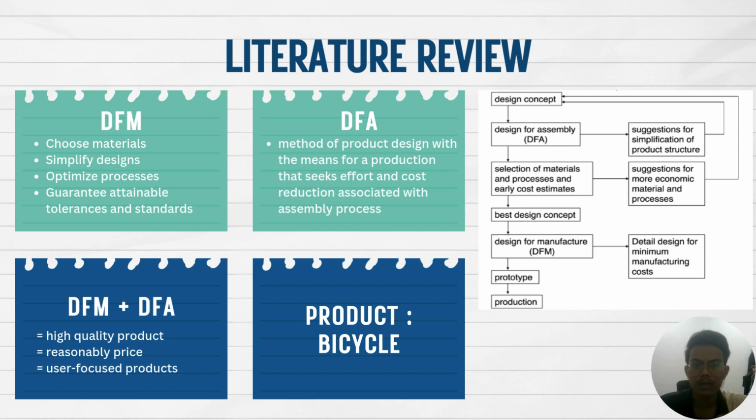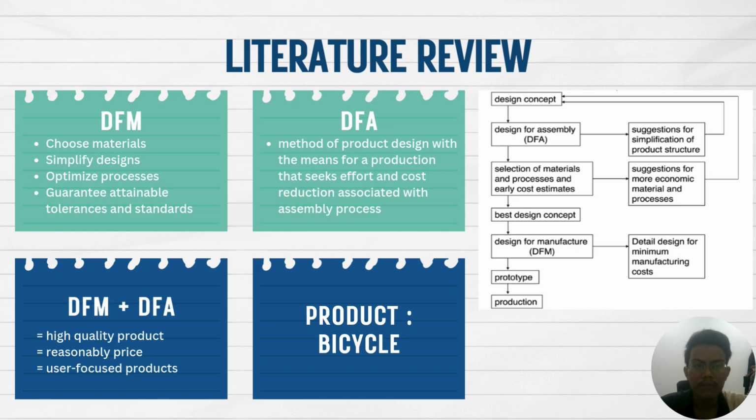So, the last part, which is our product, which is bicycle. Bicycles have long been recognized as a sustainable and efficient mode of transportation, offering numerous health, environmental, and economic benefits.